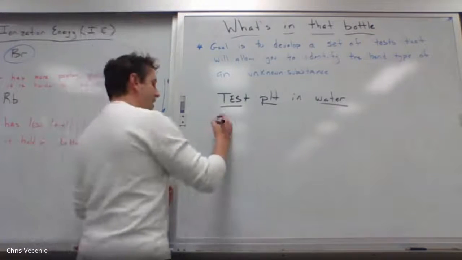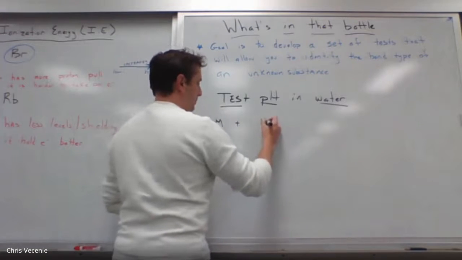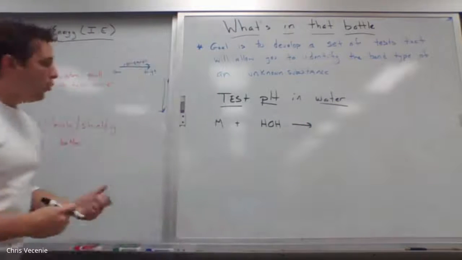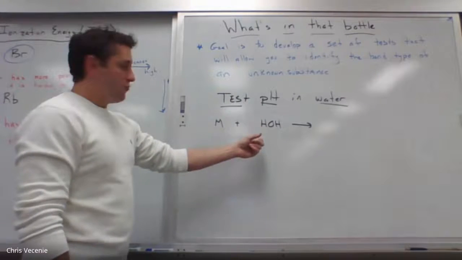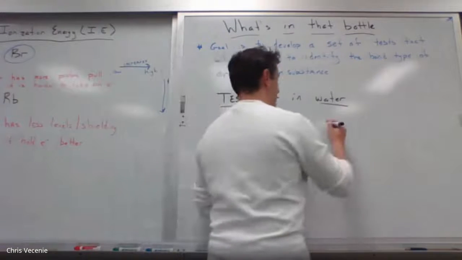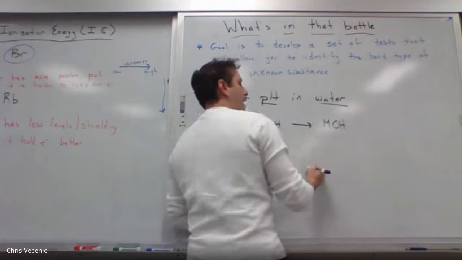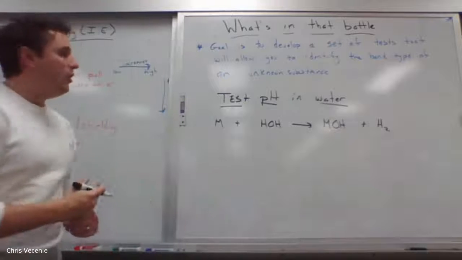All right, so if I take a metal plus water, what will happen is the metal will come in, kick out the hydrogen like we talked about, and we can form a metal hydroxide plus hydrogen, which is one of the tests we were doing earlier on.